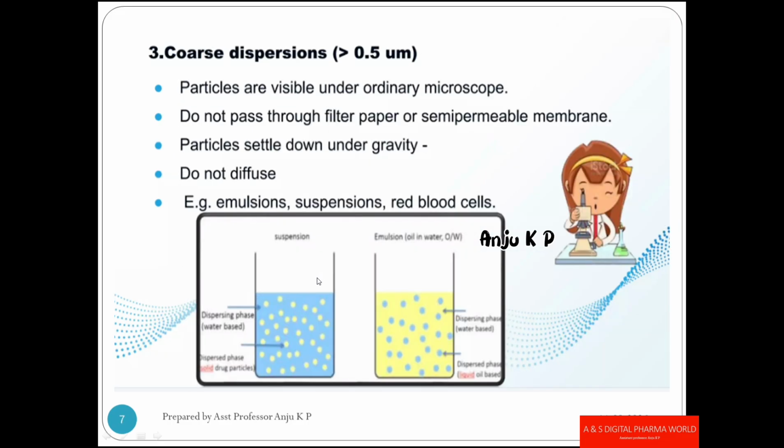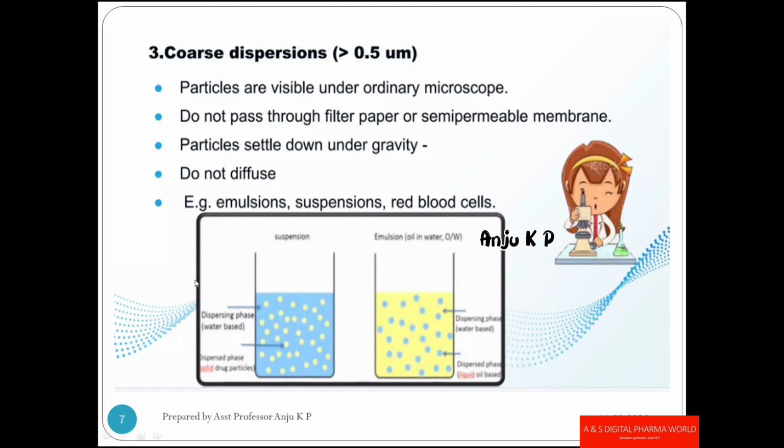Last, we will see coarse dispersions. In a coarse dispersion, the particles are large enough that they may be seen under a microscope and usually have a tendency to settle down due to gravity. The main characteristics of coarse dispersions: these are large particles compared with colloids, and they may be visible or detectable under a microscope.